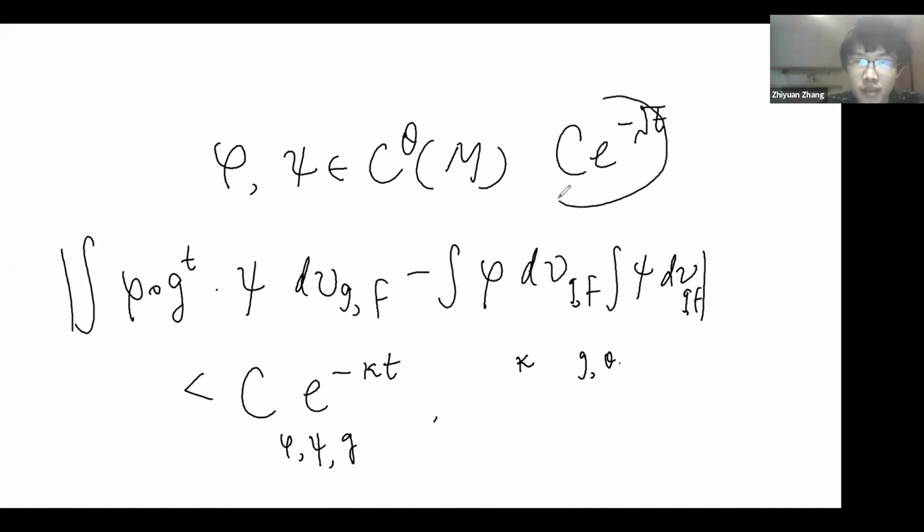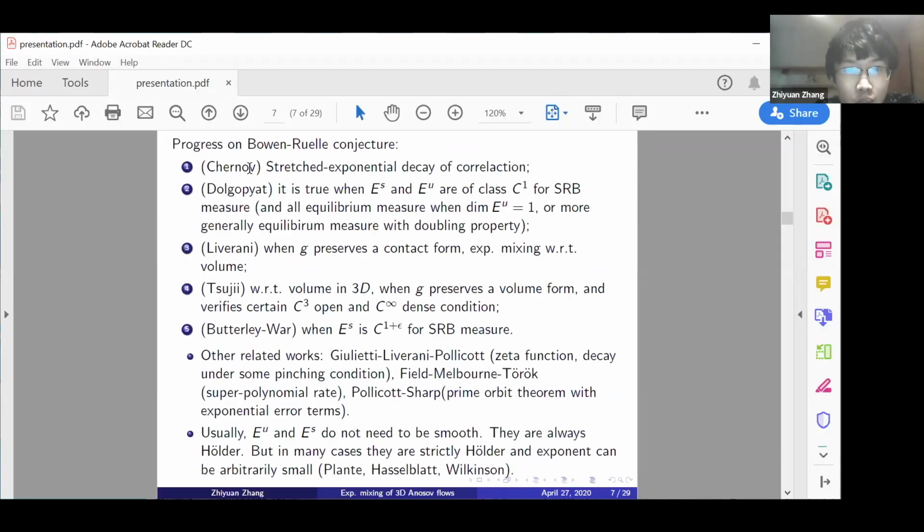So you have this estimate. And then Dolgopyat made the first progress on exponential mixing. He showed that if you assume that E^S and E^U are of class C1, then you can show exponential mixing, assuming that the flow is topologically mixing and the equilibrium measure you consider has the doubling property.